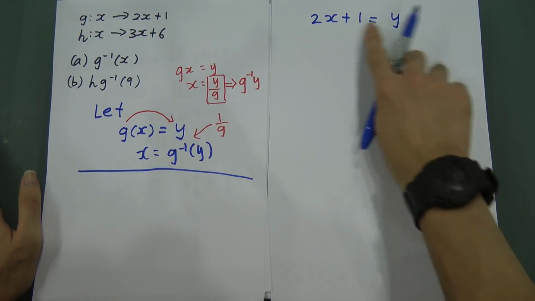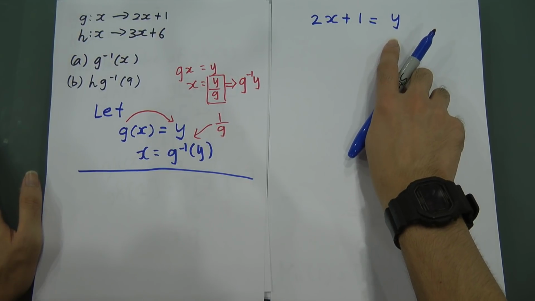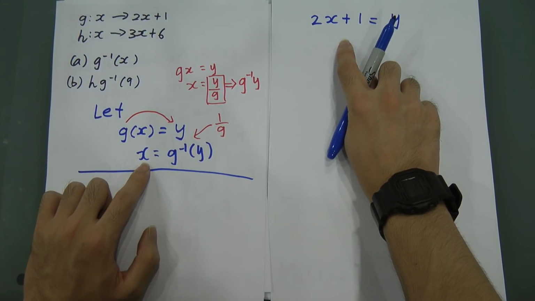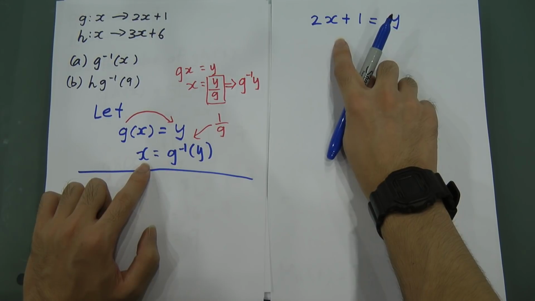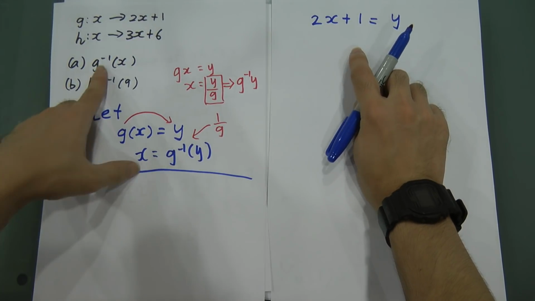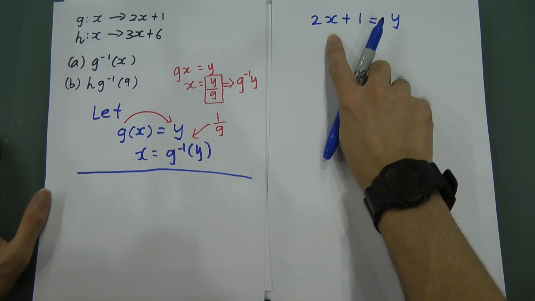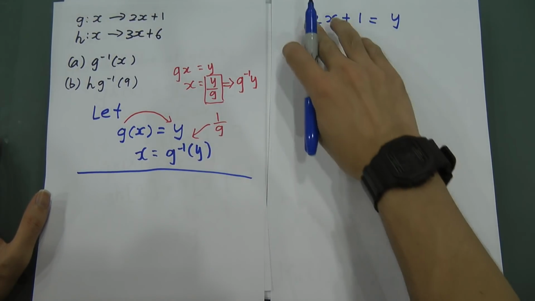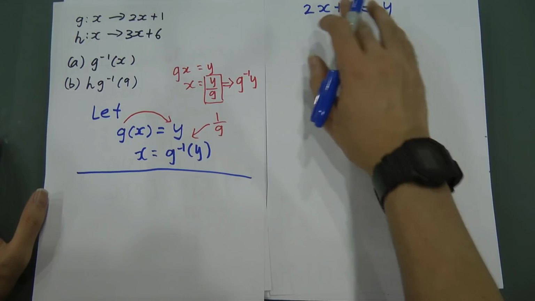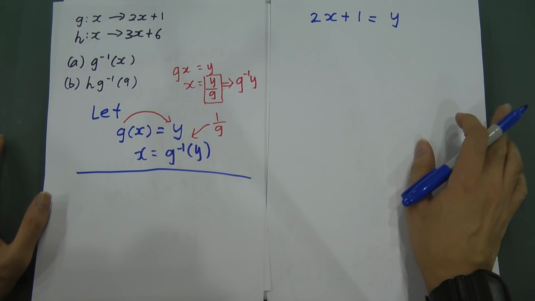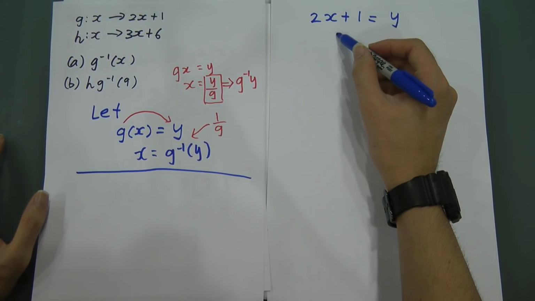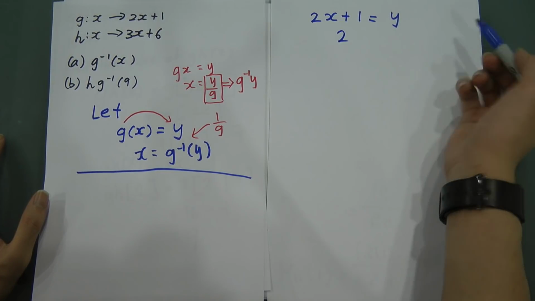Okay, when you write out this one, first objective is you want to get x, because when you get x, you can get g inverse. So you want to get x, whatever not related, you just move to another side. So therefore, I want to get x in terms of y.